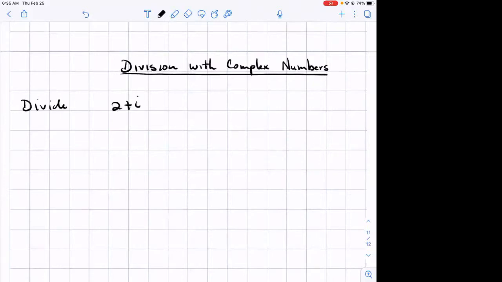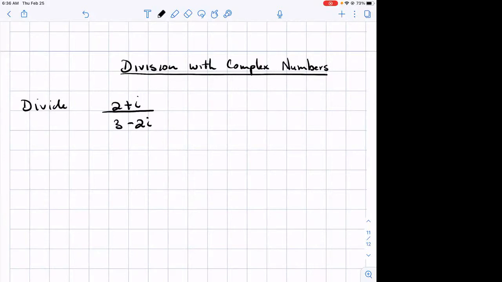2 plus i divided by 3 minus 2i. So we want a complex number in standard form. And remember, standard form is a plus bi, where we write the real and the imaginary. So we need to eliminate i from the denominator.